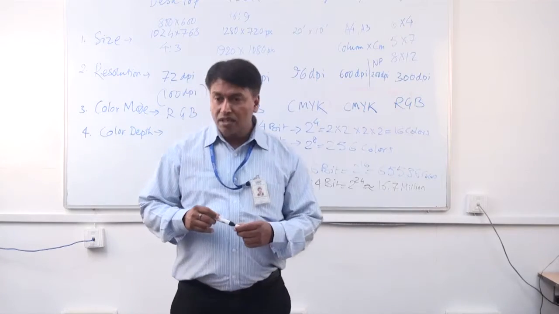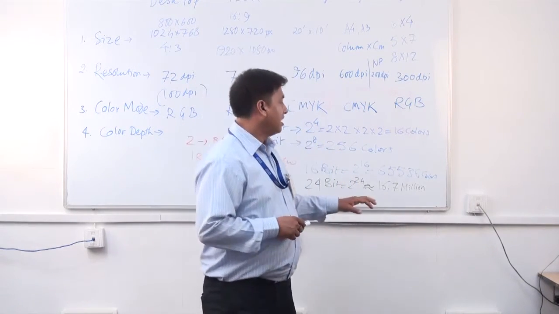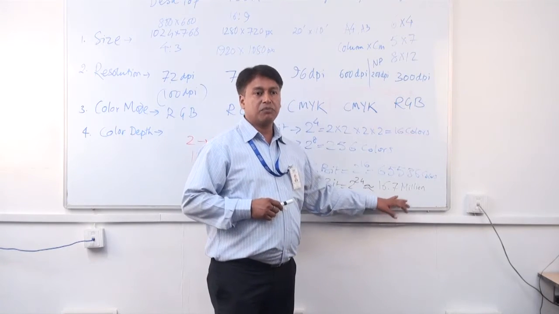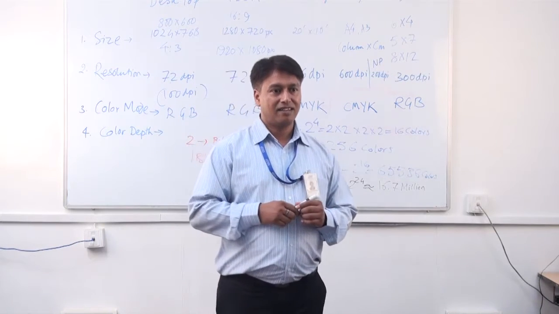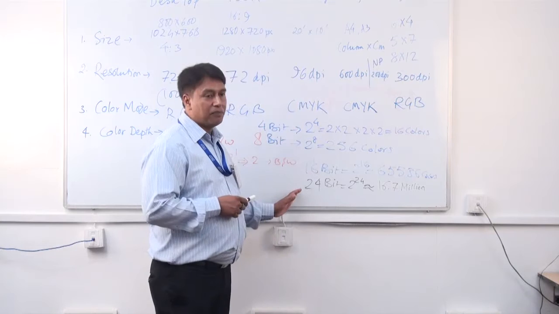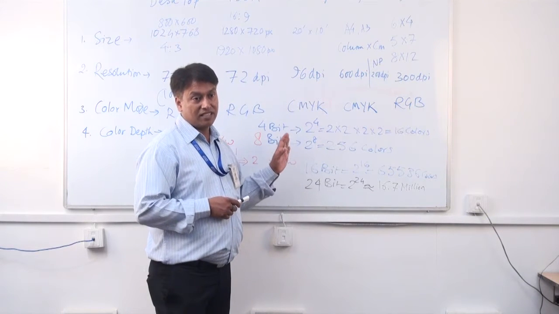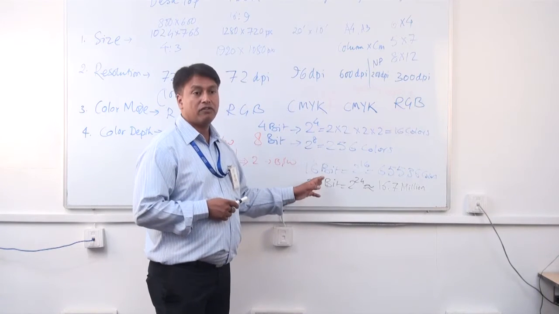Do we have that many colors? Actually, these are the shades. 16.7 million color shades. But can we see it, or does the computer just generate it? These are computer generated colors. These are the factors: 2 to the power 4, 2 to the power 8, 2 to the power 16, 2 to the power 24.